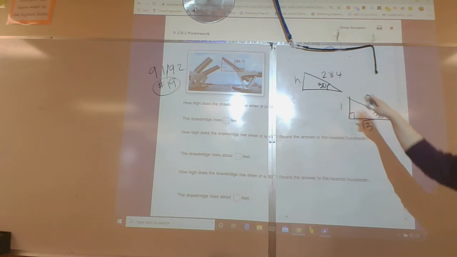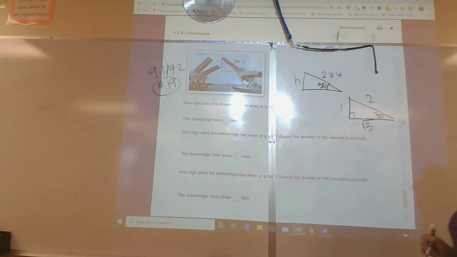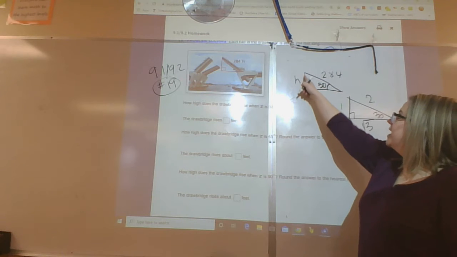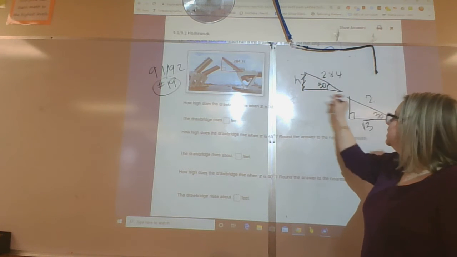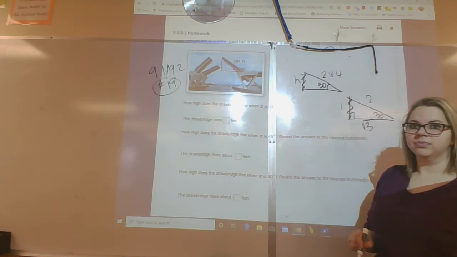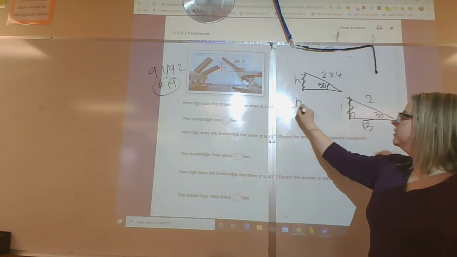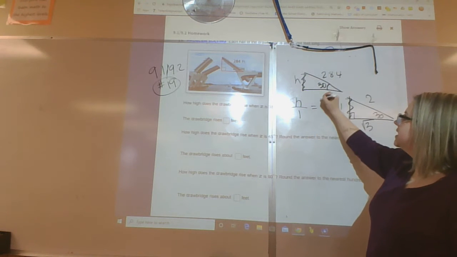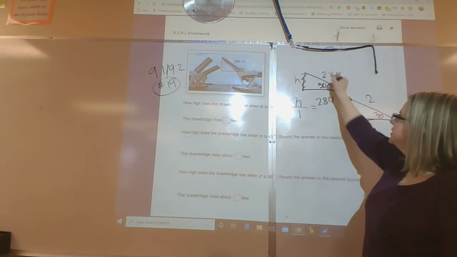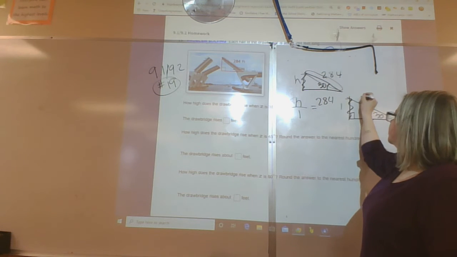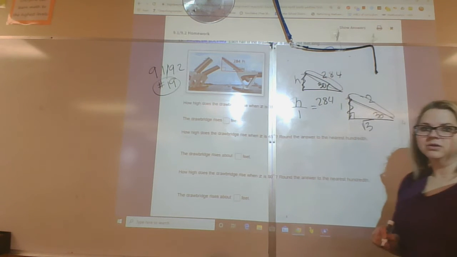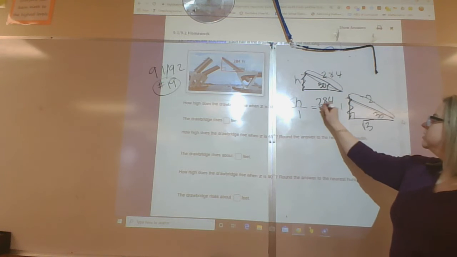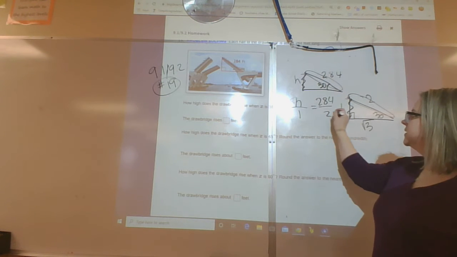So I have these two triangles I can compare. I want to solve for h. H goes over this side here. So I have h over 1 equals, I got to start on this side, 284. So then this side goes with this side here, 284 over 2. I'm going to cross multiply.